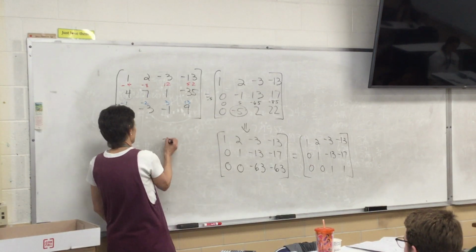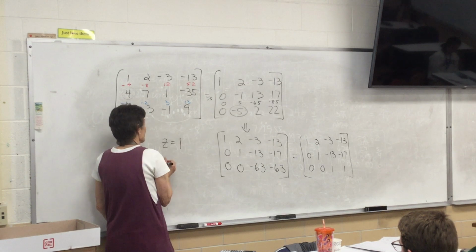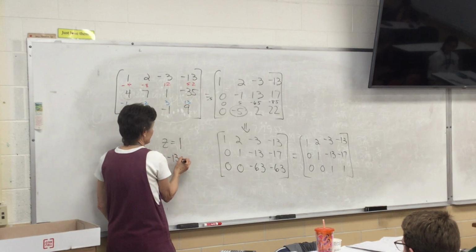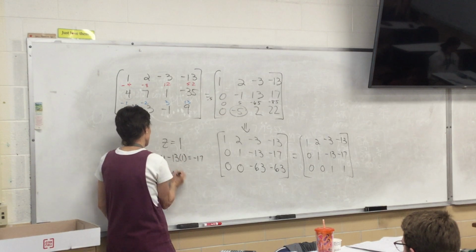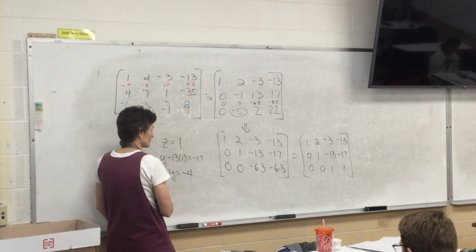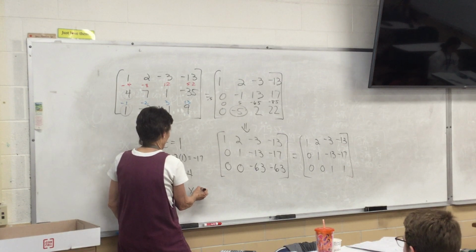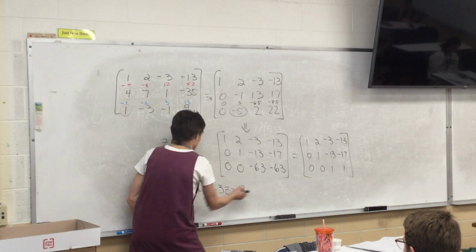What does that say about z? 1. And so y minus 13 times 1 equals negative 17. So it looks like y is negative 4. And then x plus 2y minus 3z equals negative 13.